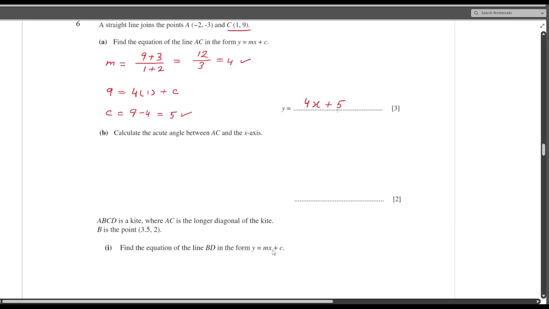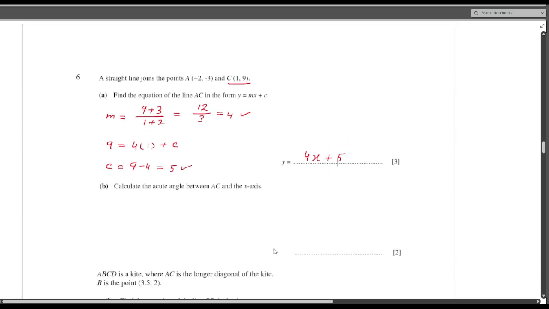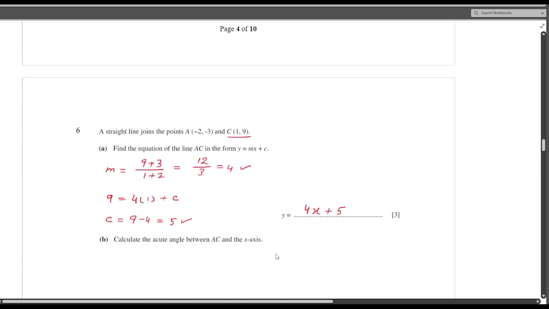Calculate the acute angle between AC and the x-axis. Okay, now this is a difficult one. I have to calculate the acute angle between line AC and the x-axis.